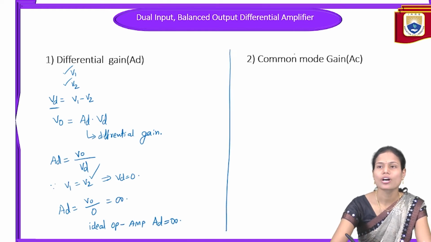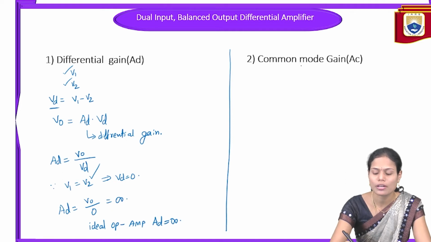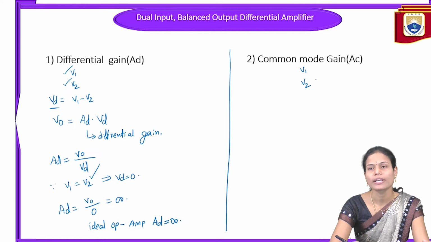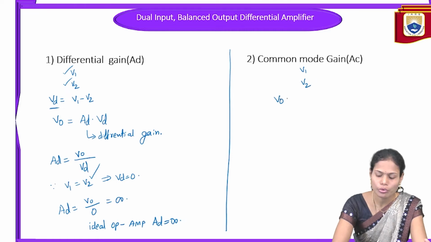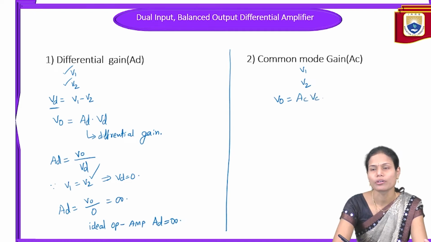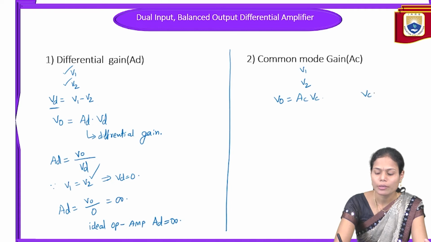In the case of common mode gain, what is meant by this common mode? Two inputs we are taking, V1 and V2. The output voltage in terms of common mode gain is AC into VC, the common mode voltage. The common mode voltage means we will take the average of the two applied input signals as the common voltage.